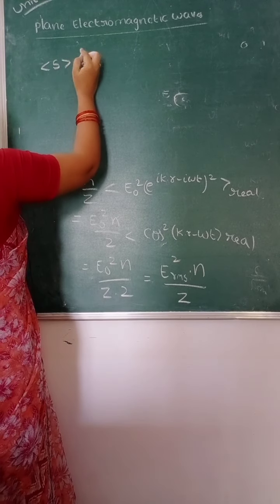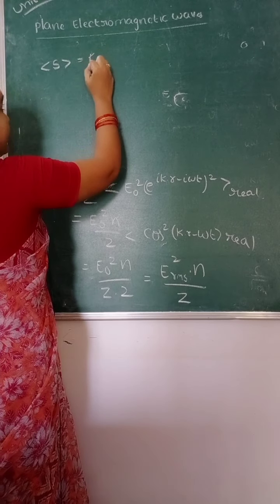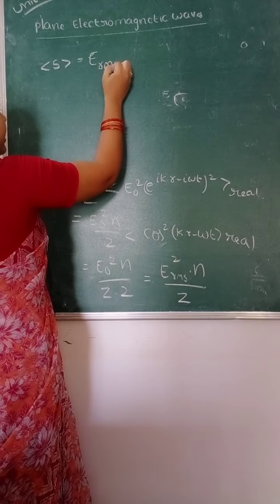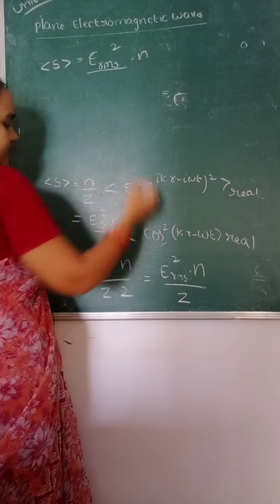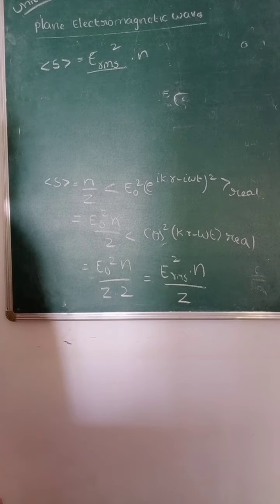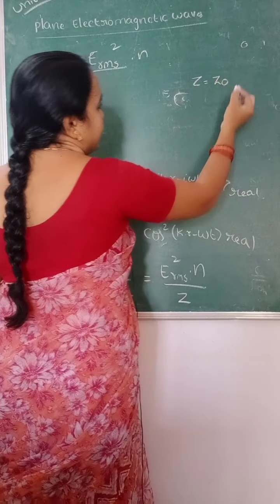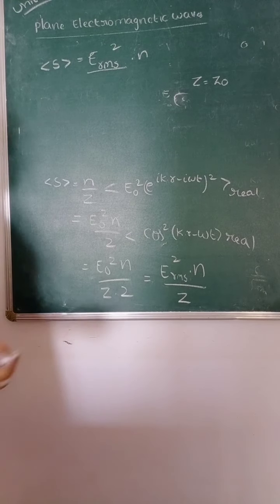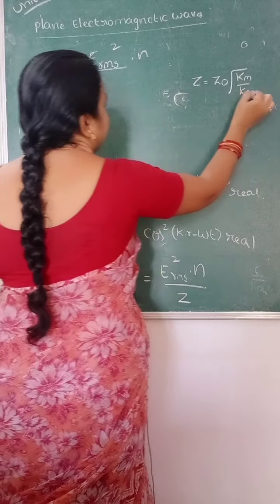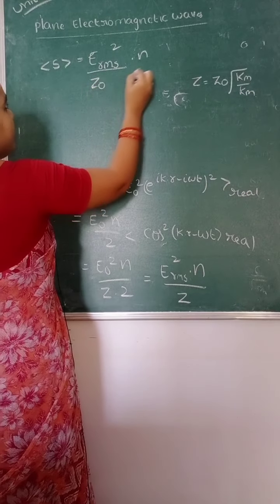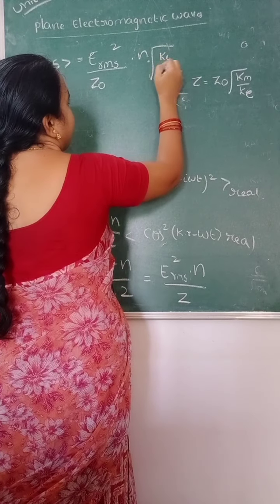The Poynting vector value is E RMS square by Z, times N. What is Z? Z is Z naught into root of Km by Ke. So let us substitute this value: Z naught into root of Ke by Km.